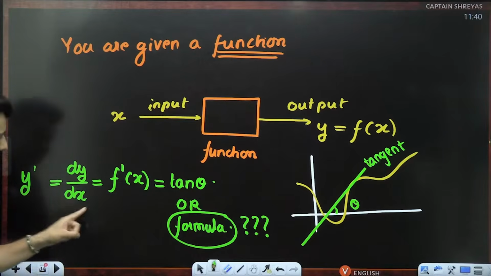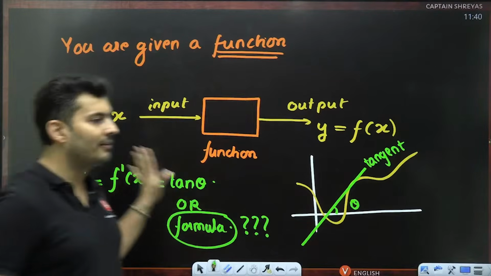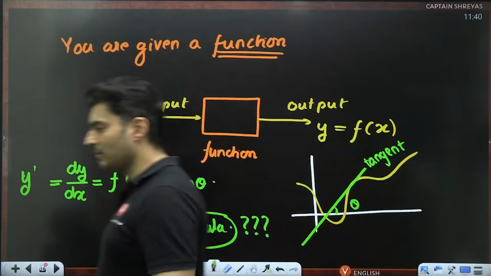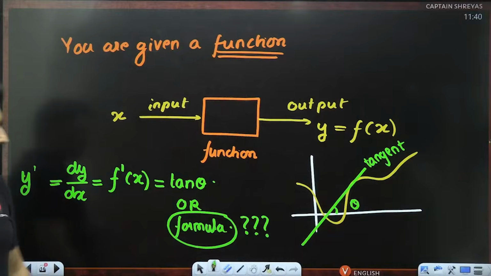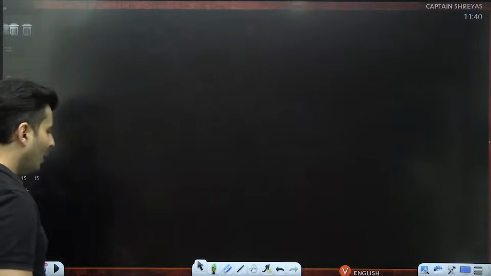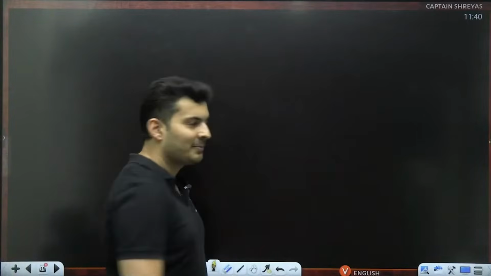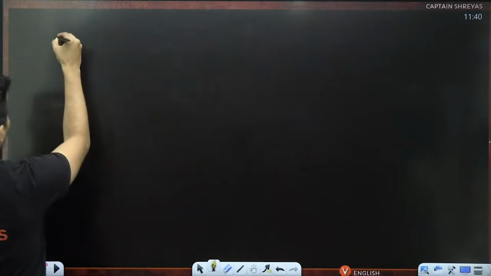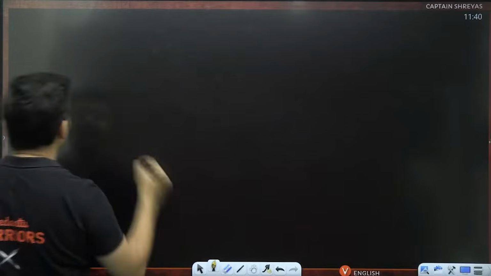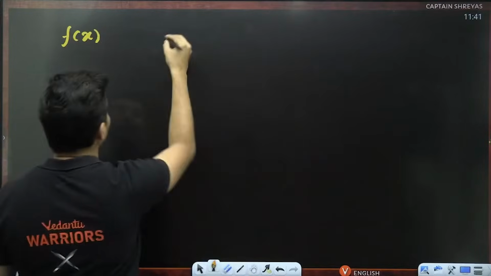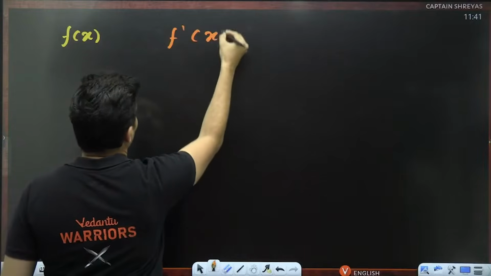Y dash, dy by dx, f dash x, all of them mean the same thing. Don't get scared. They are all exactly the same thing. Cool? Yes, very good. So what is that formula? You will be surprised to see how simple our job becomes when you use that formula. The formulas are as follows. I'll show the functions over here, and then I will show what is the derivative over here, which is f dash of x.